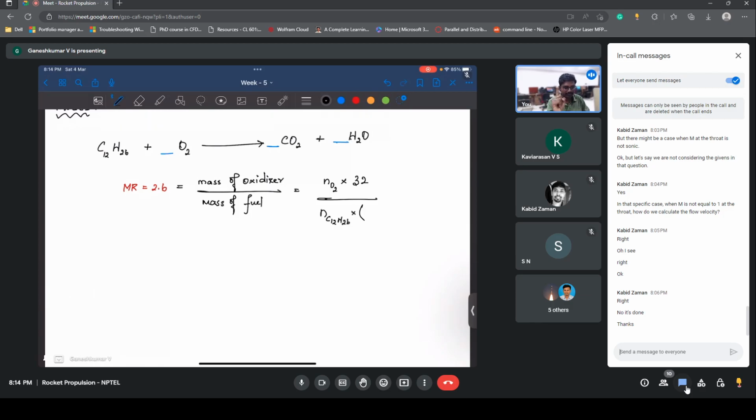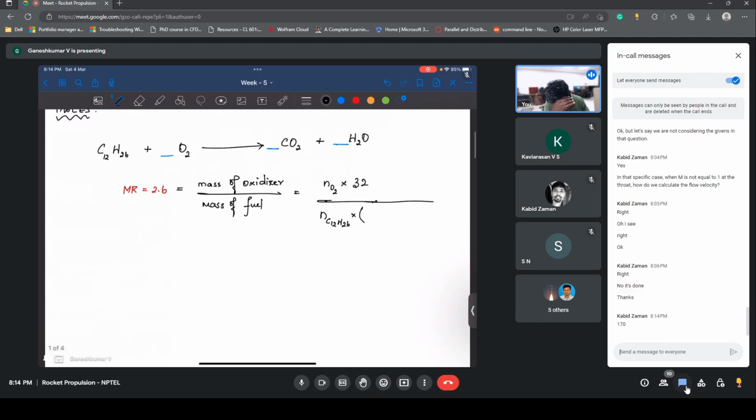Here you have 1 mole of fuel, and what would be the molecular mass of C12H26? Okay, there is an answer, 170.